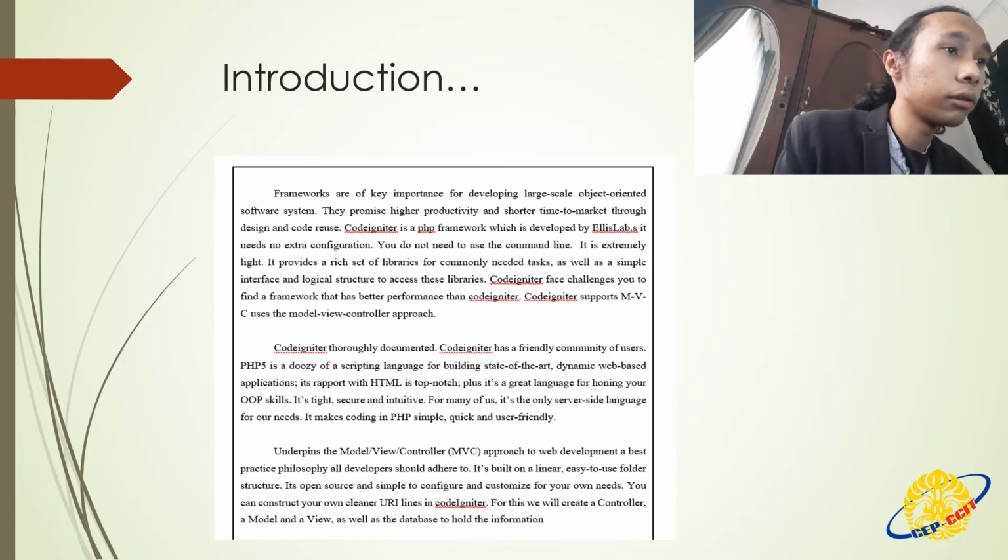CodeIgniter supports a model view controller approach to web development. Its best practice philosophy means developers should adhere to its easy-to-use folder structure. It's open source, simple to configure, and customizable for your own needs. You can construct your own cleaner URLs in CodeIgniter. For this, we create a controller, model, and view, as well as the database that holds the information.